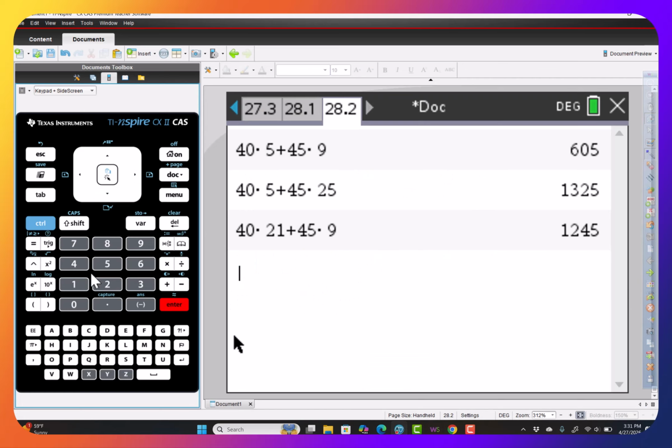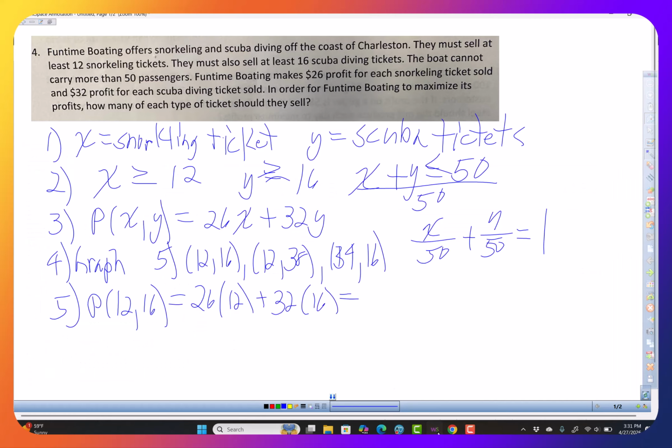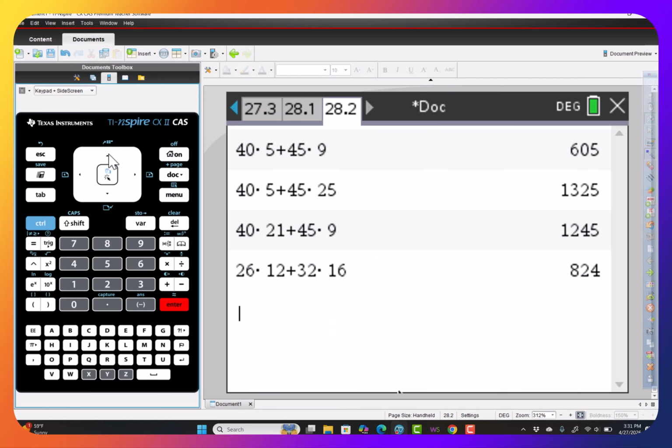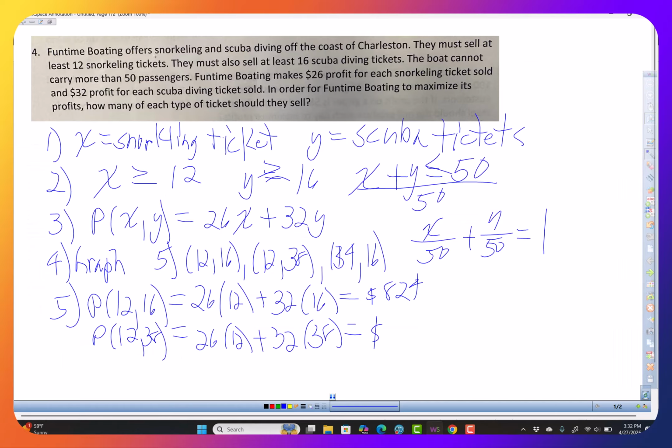Use the calculator: 824. And then P at 12, 38 is 26 times 12 plus 32 times 38, so 1528.